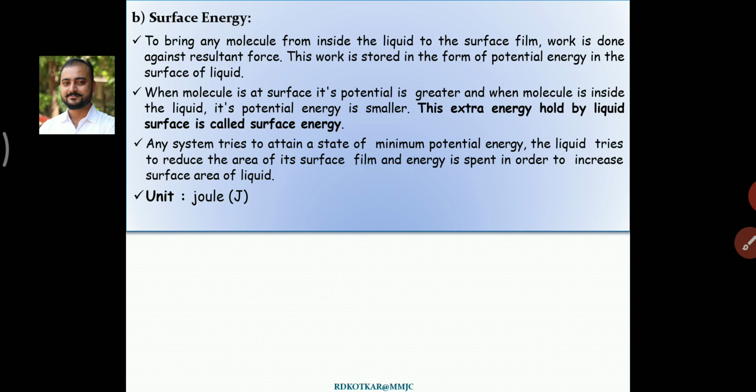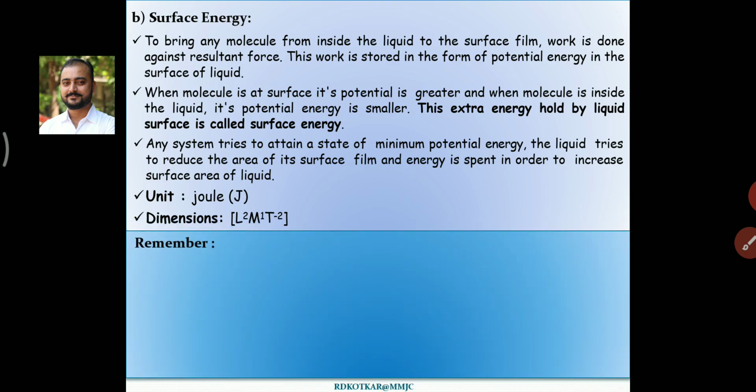It will try to minimize its surface area, and in a similar way it will try to minimize its surface energy. So what is the unit of surface energy? As it is an energy, its unit is joule, that is the SI unit, and its dimension is simple, M L^2 T^-2. Just remember it.